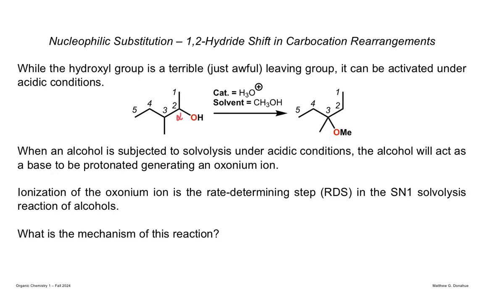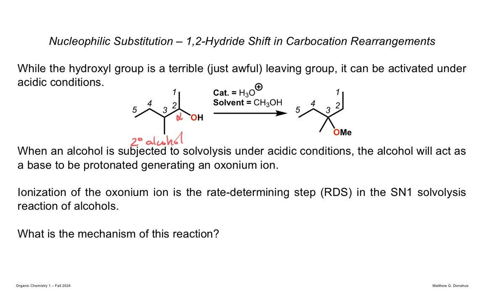So without further ado, this is the reaction. So we're starting with a secondary alcohol. Hydroxyl is a bad leaving group. So it just doesn't leave as OH minus.